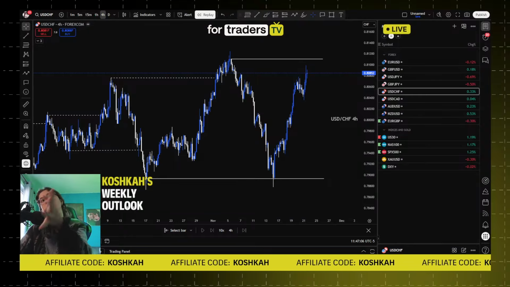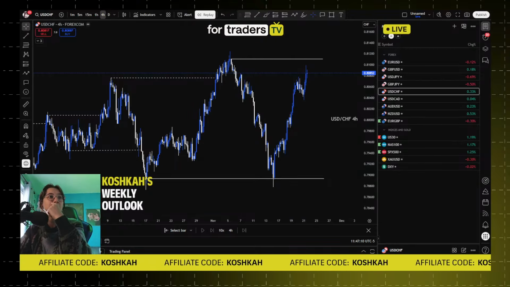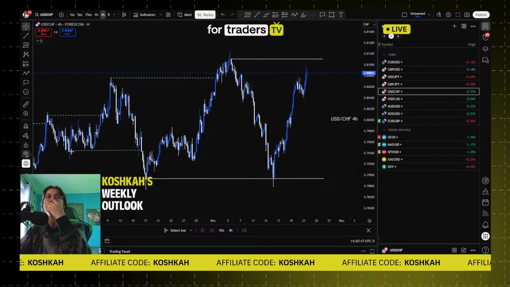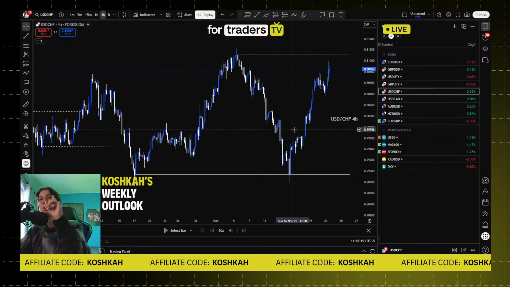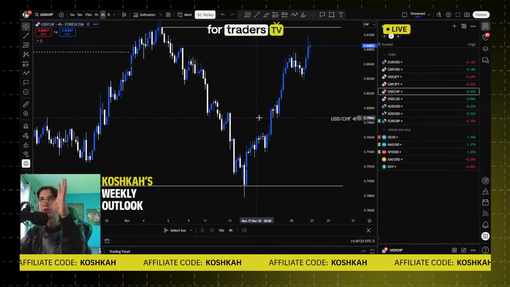So, can I identify the POI within a session range? Yeah, of course. But I'll say we don't count inside candle bars. If it's inside another candle, it's just one candle. I don't understand what you mean. I think I understand, but if it's one candle inside another, it's just considered as one candle.